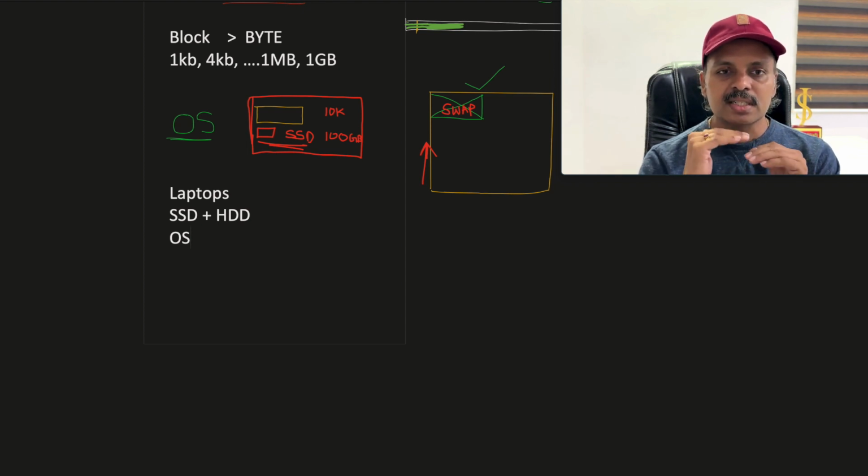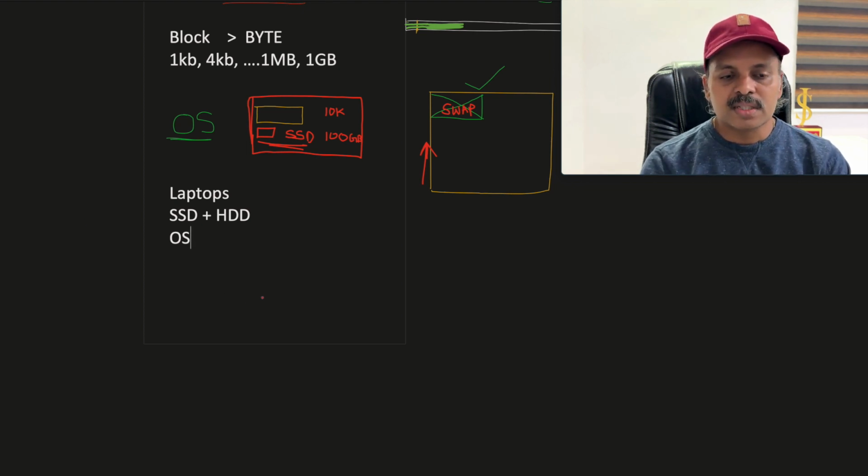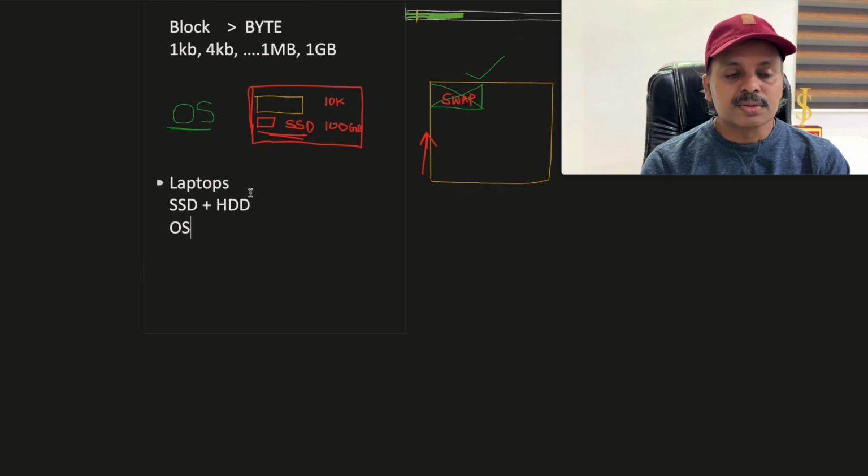First we try to understand the problem statement, and then we try to address it with a solution. So here the problem statement is: hard disk is slow. And to increase our existing RAM usage, we are using something called swap as a technique.